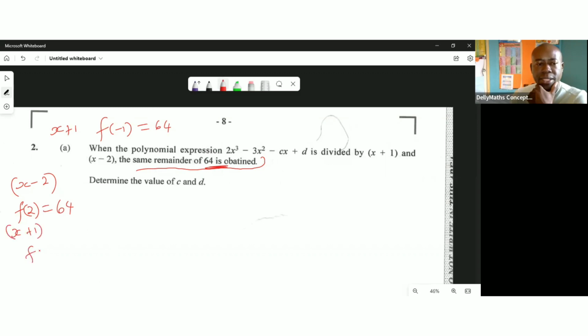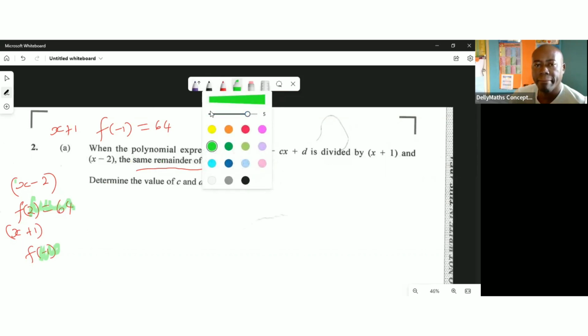We're gonna evaluate f of -1 and f of +2, and from there, we will solve the problem finding c and d. All right, so let's go.